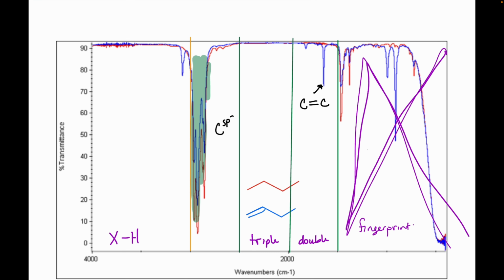This is my sp3 carbon and hydrogen. But I got this extra little blip on my blue spectrum, this peak just north of that 3,000 mark. What does that correspond to? My carbon-carbon double bond is absorbing over here. This is in my something with hydrogen portion of my spectrum. So what must this peak correspond to? The carbon-hydrogen bond, but specifically that sp2 hybridized carbon-hydrogen.